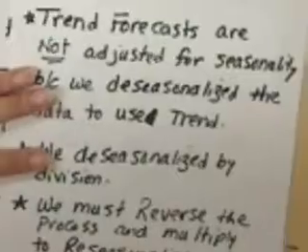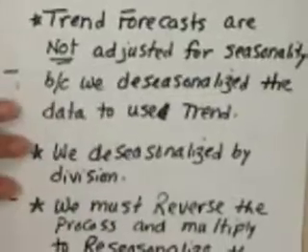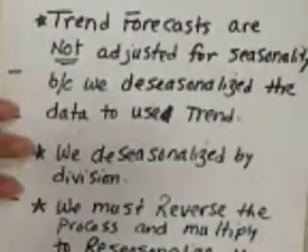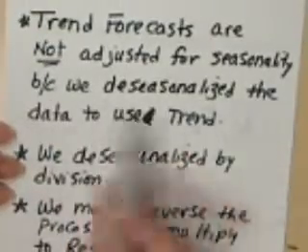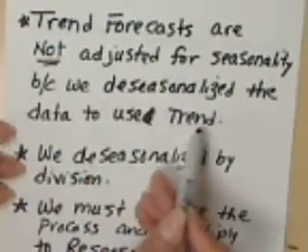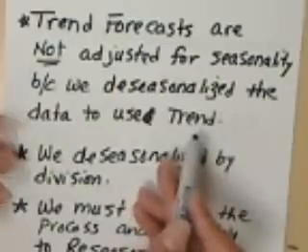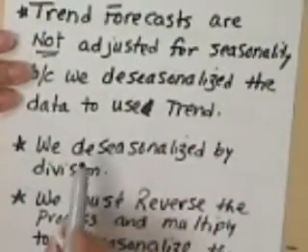But now remember, these trend forecasts are not adjusted for seasonality. Why are they not adjusted? Because remember, we deseasonalized the data in order to arrive at the trend equation. So we deseasonalized it by what? By a division.